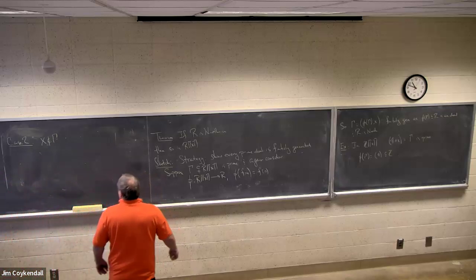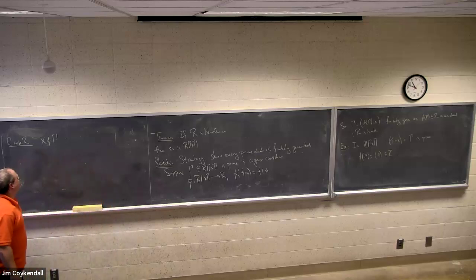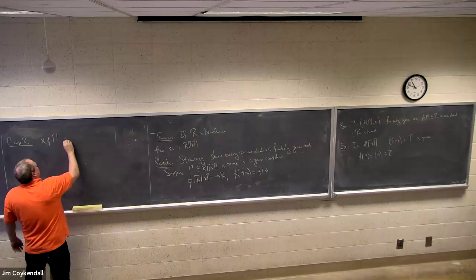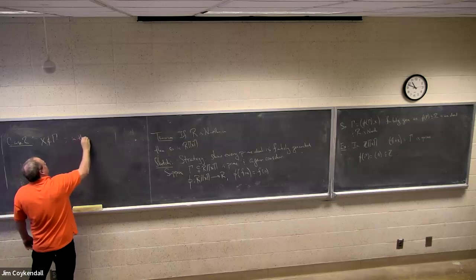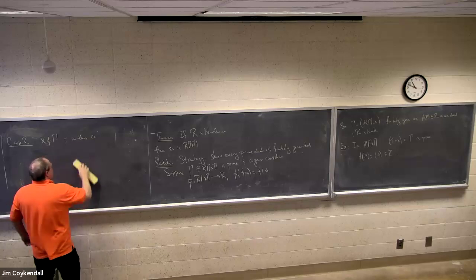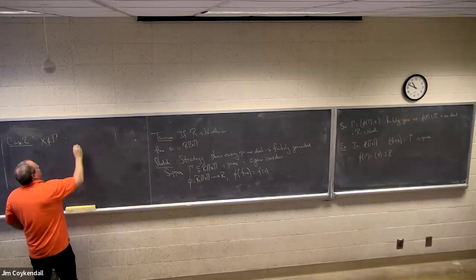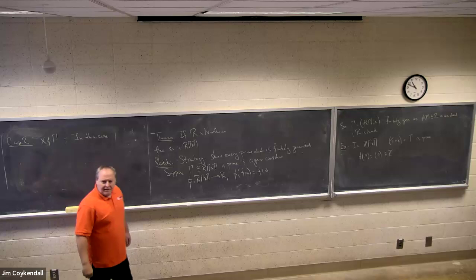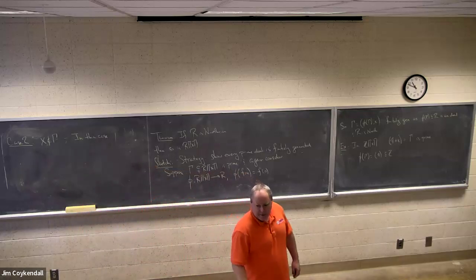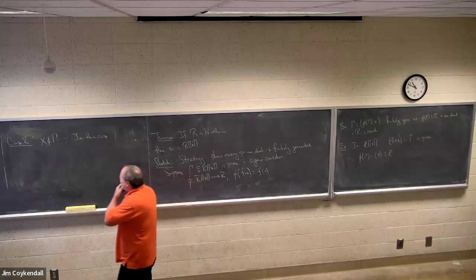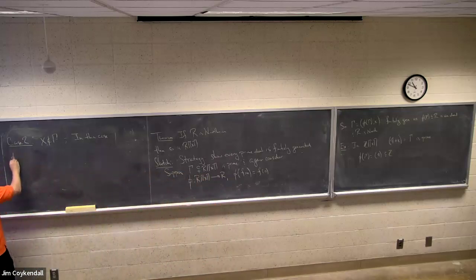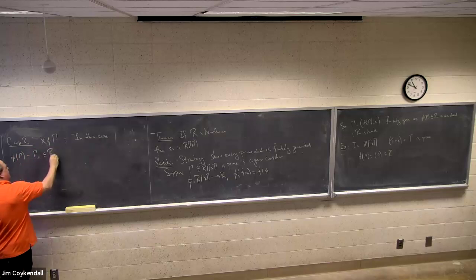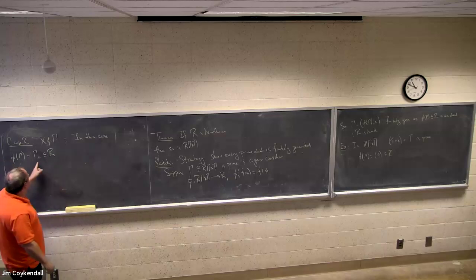Well, I claim gamma is finitely generated. Anybody know how to prove that it's finitely generated here? Maybe, so consider this. In this case, let me say a couple of things about this. It's an ideal and it's proper.